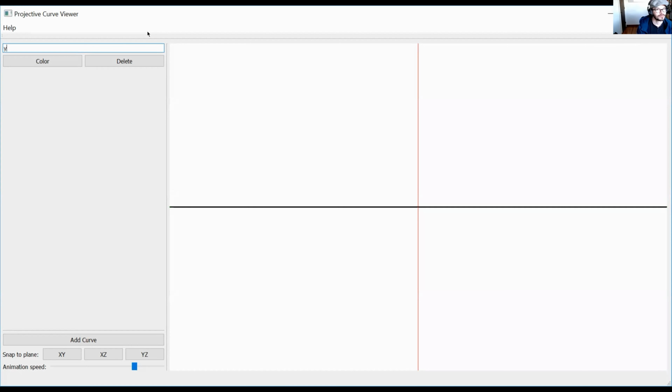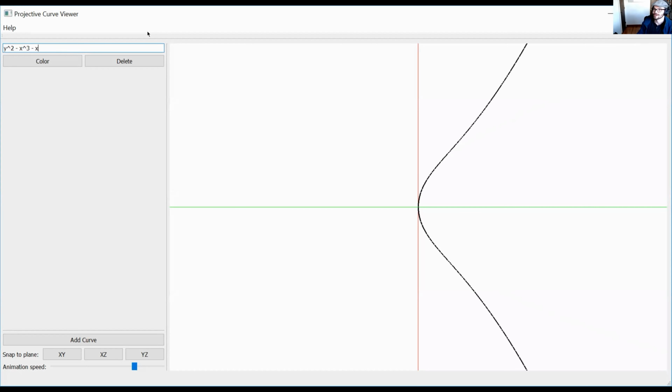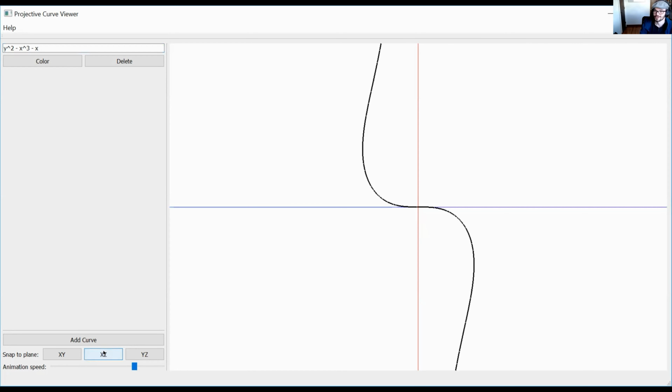So we can plug in an equation. Here is the equation for what's called an elliptic curve. So you'll notice if you plug in x equals 0 and y equals 0, this will be equal to 0. That will count for a solution. And we see that we have a dot over there. Now, associated to this, there's another set of equations that gives us this funky looking curve.